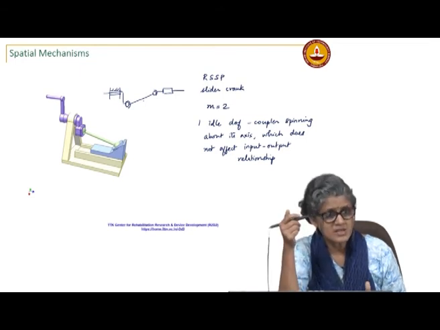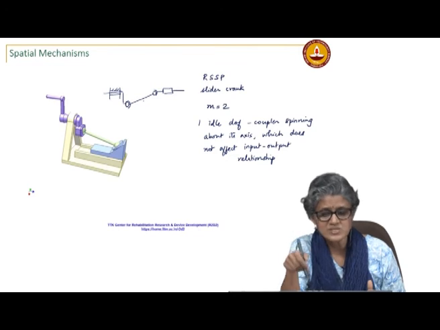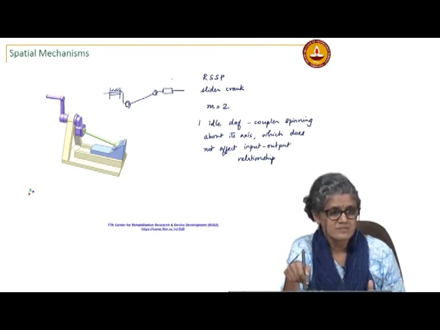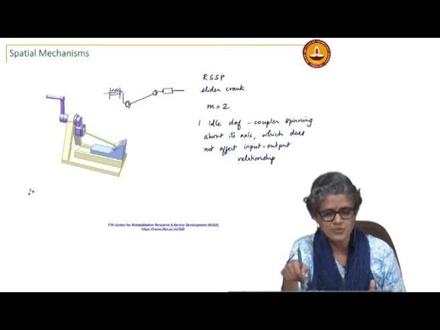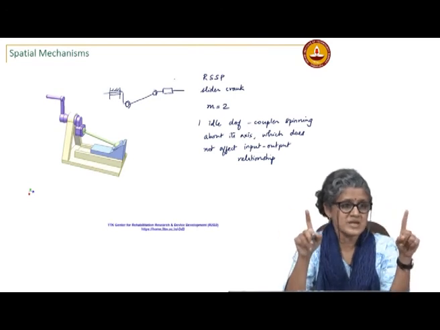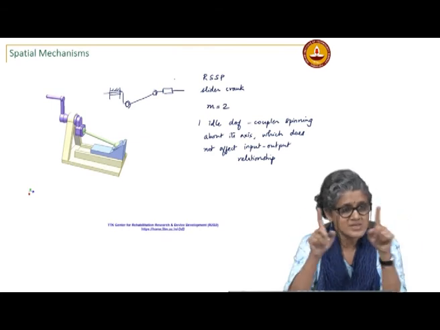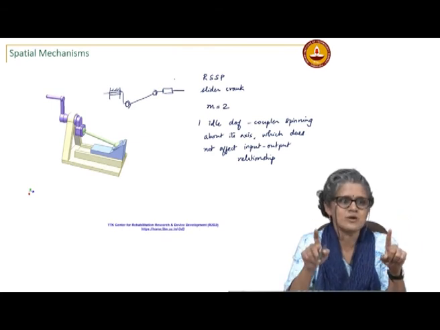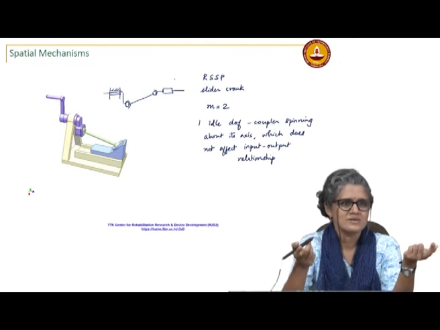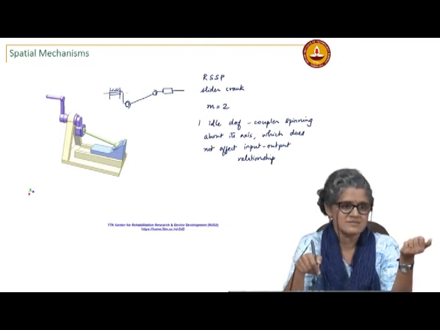The mobility still comes out as 2, because the geometry is what is preventing the movement. So the output is, for whatever angle of the input, 0. That is the specific relationship between the input and output, which means it is not a structure.